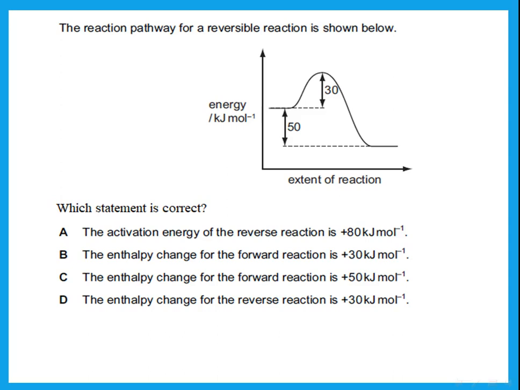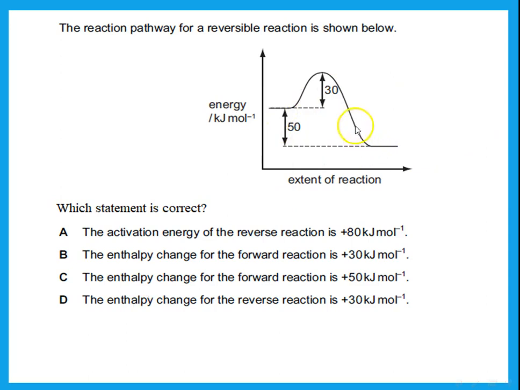Now, what is he saying? He's saying the activation energy for the reverse. Where's the reverse? Reverse means I'm going backward. Now, going backward means the one that was product is now reactant, and the one that was reactant is now product.